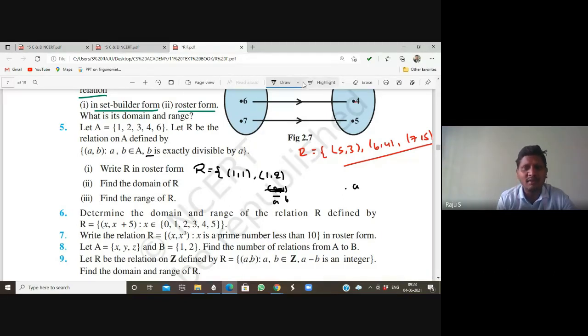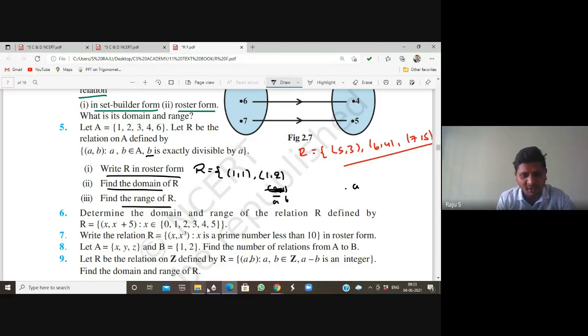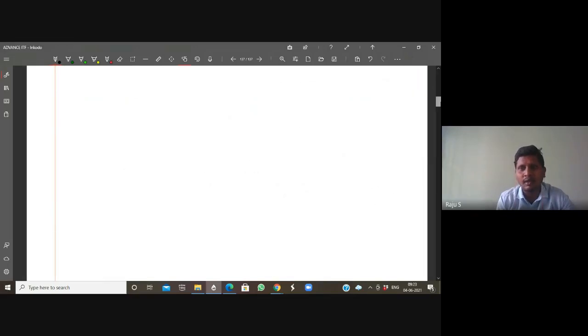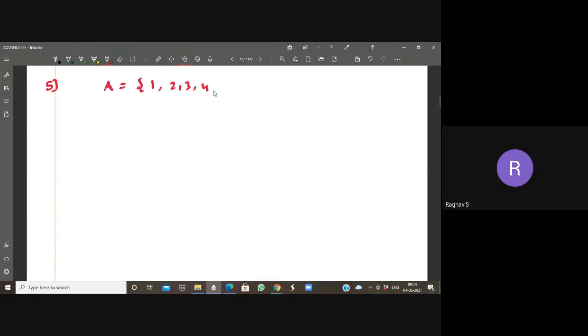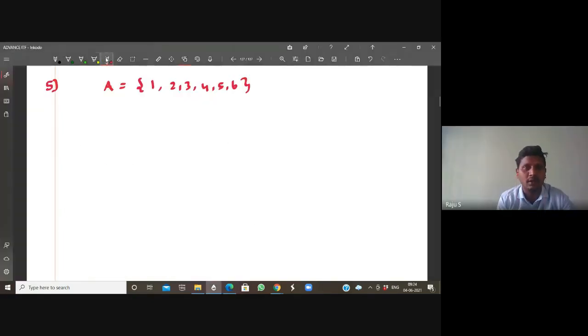In the same way, 1 comma 3, 1 comma 4. Write in roster form, then the domain and range follow automatically. First, take the A value: A is given as 1, 2, 3, 4, 6; 5 is not there.